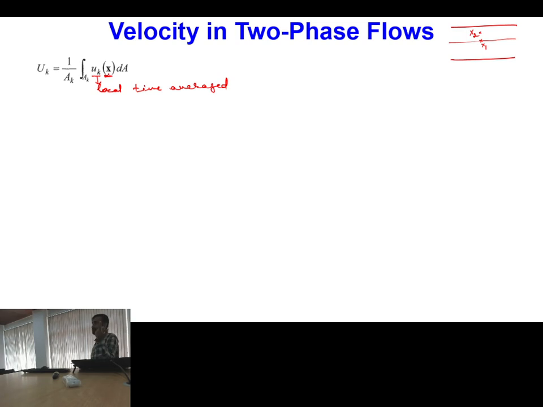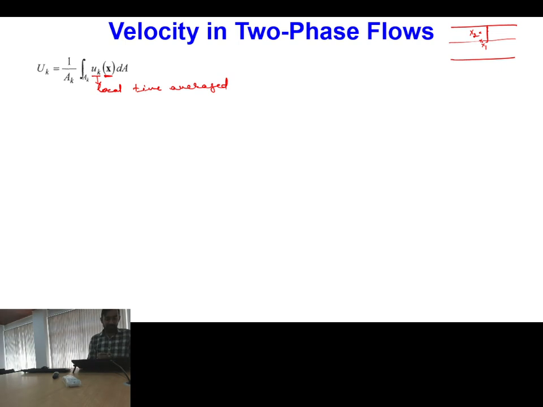Okay, so when we do the pitot tube experiment, if I am able to take a sufficient number of data points along this, then I can do averaging of that to calculate the average velocity at that cross section. So that is something which is shown over here. If I have the continuous measurement at all the spatial locations, it means at each and every point I am able to measure the velocity.